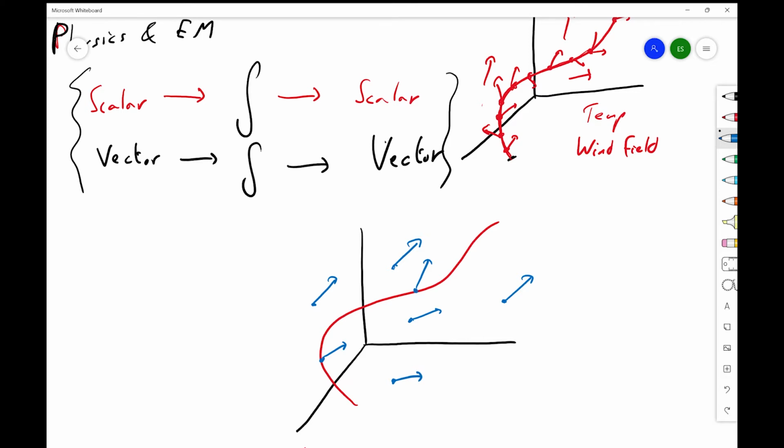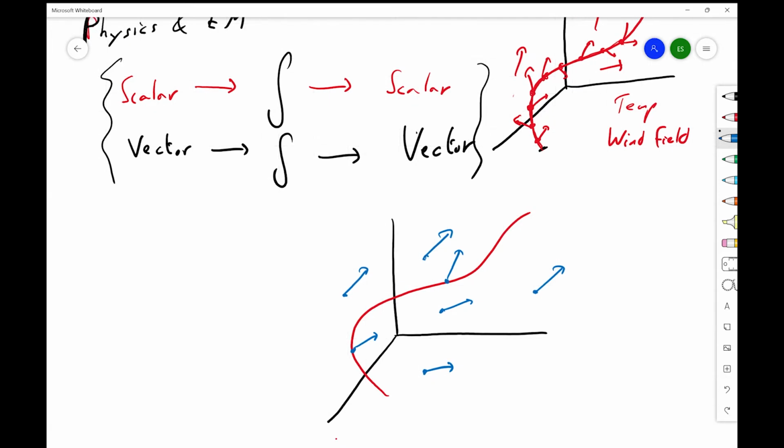So the relevant line integral here is the one where we move along the path, and at each point in the path, let's say the force vector at this point is this vector, right? At each point in the path, we take a differential element dl, the differential segment or differential displacement dl.